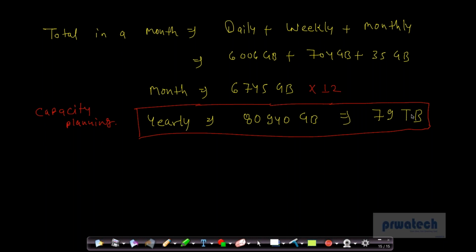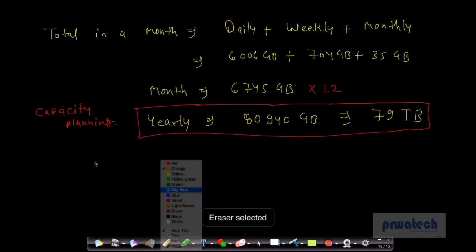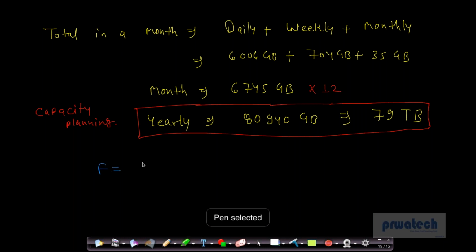You have not yet replicated this. If you're replicating this, then how many machines are required? If you're replicating this 3 times, then now we need a Hadoop formula. What is that formula? F is equal to C into R into S. C stands for compression ratio.